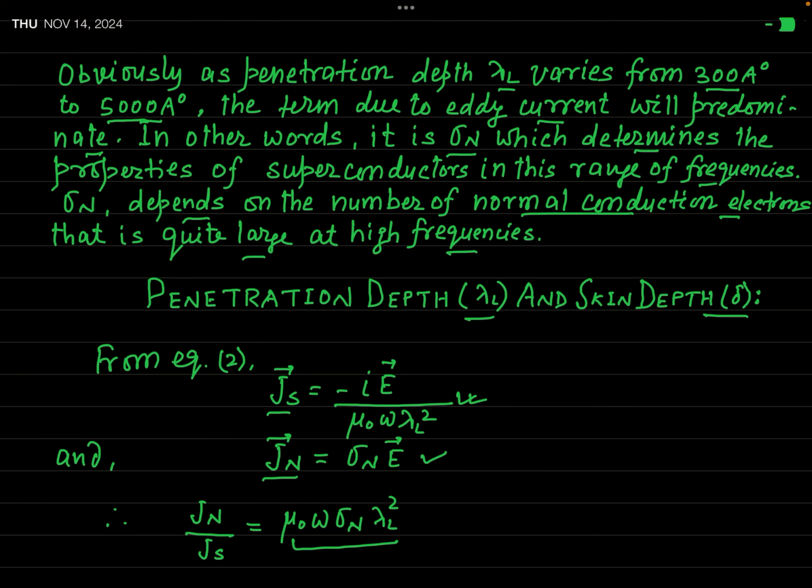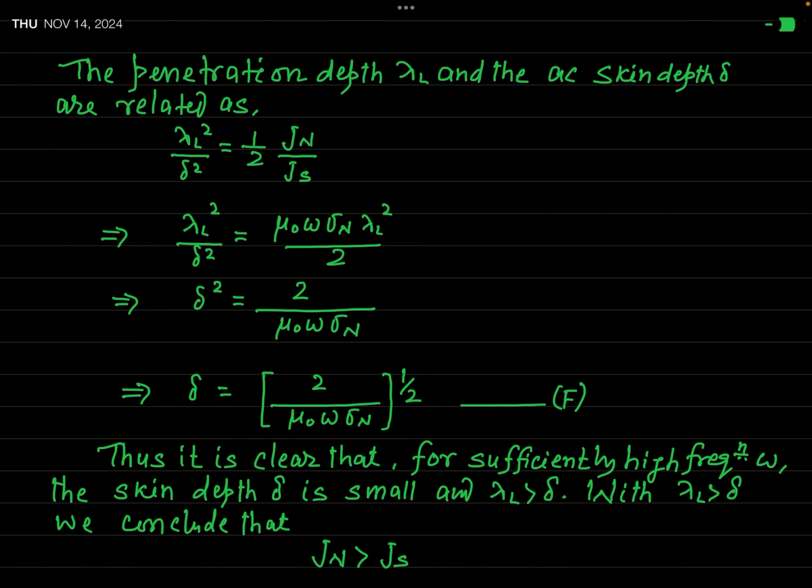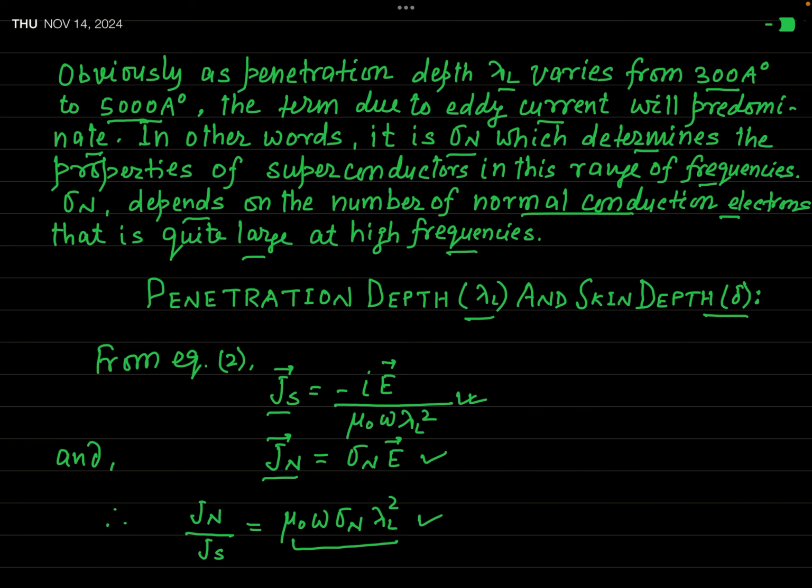Now the skin depth and the penetration depth are related by this relation: lambda L square over delta square is equal to 1 over 2 times Jn by Js. Remember it. But Jn by Js is equal to this much.